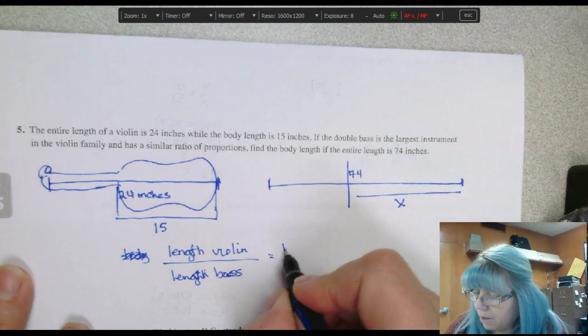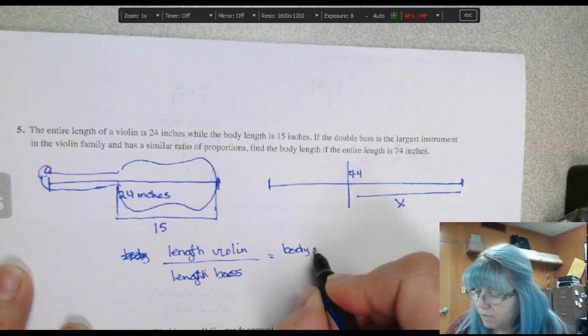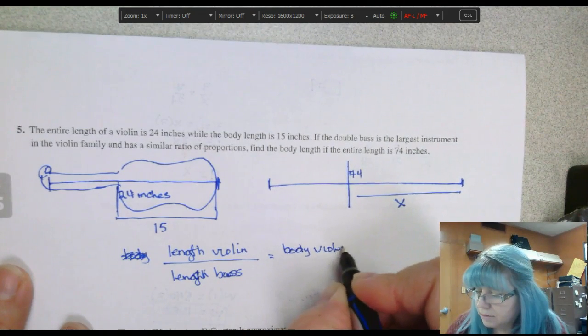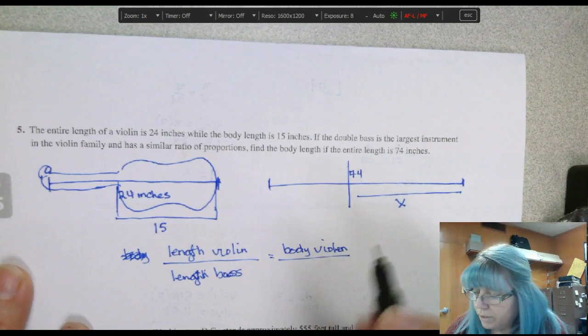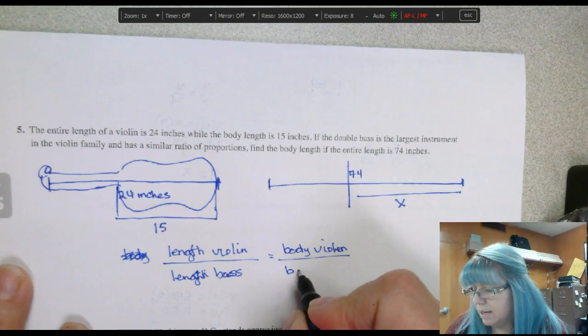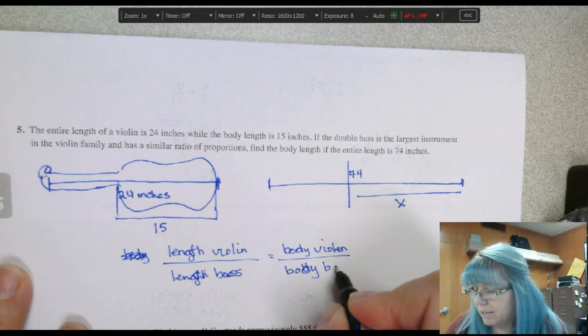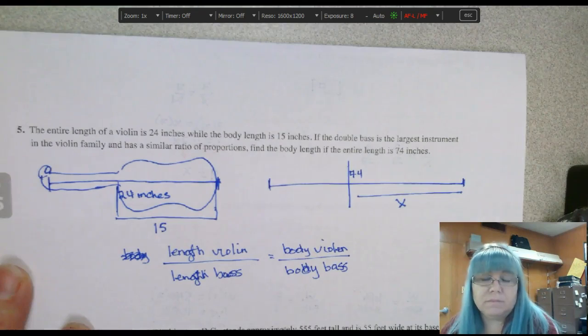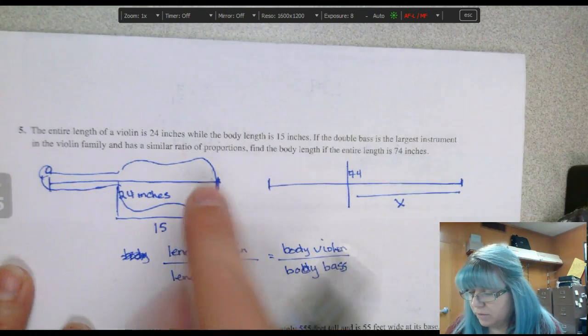Likewise, the body of the violin will have the same proportion as the body of the bass. And we just got to put in the numbers. The length of the violin is 24 inches.